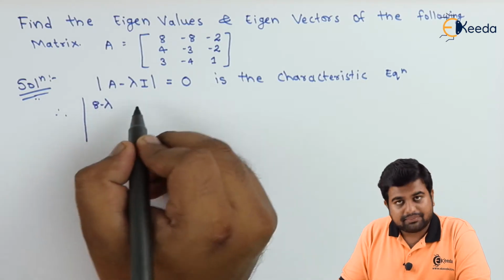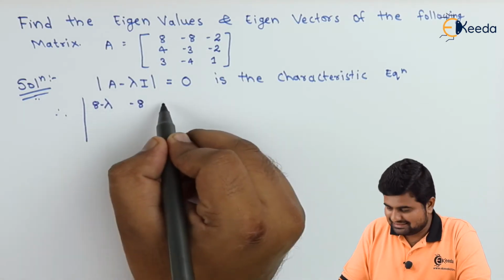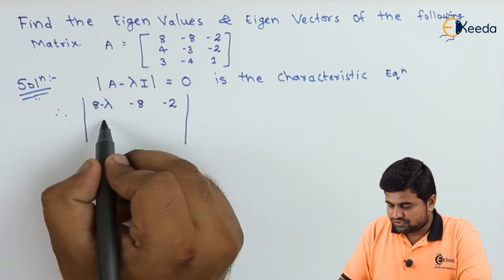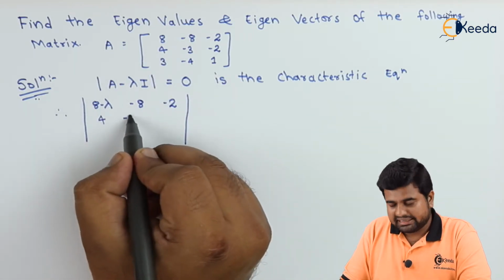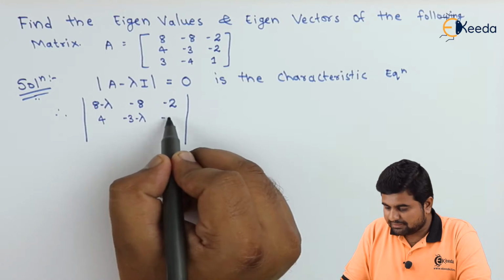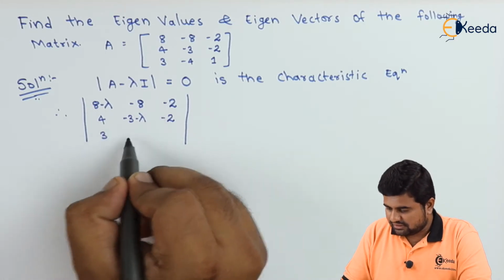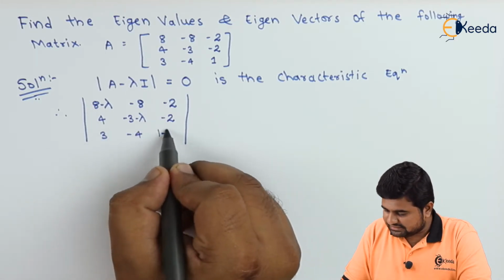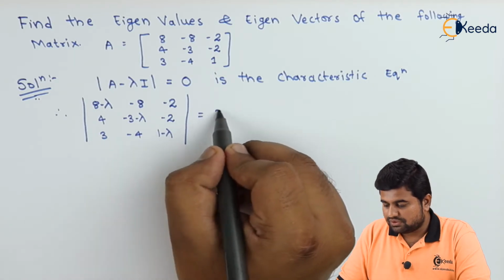8 minus lambda, other values remain as they are. This is 4, this is minus 3 minus lambda and minus 2. 3 minus 4 and 1 minus lambda is equal to 0.